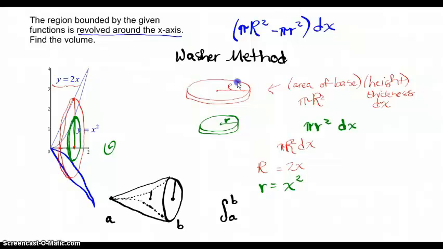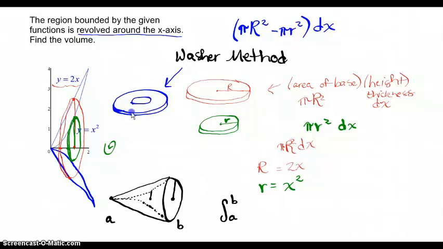But if I take the volume of this big whole disk and I subtract from that the volume of the hole in the middle, that's actually giving me the washer, because this is really truly what a cross-section in this context looks like. It's a washer, right?